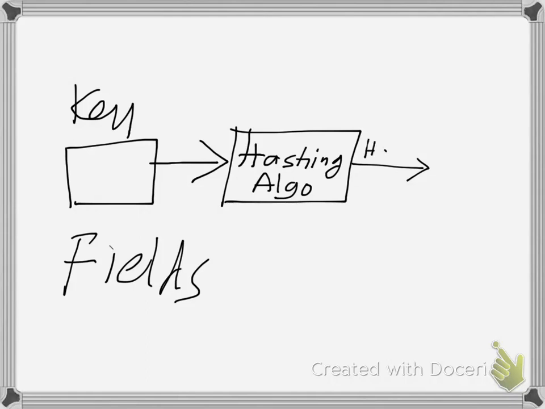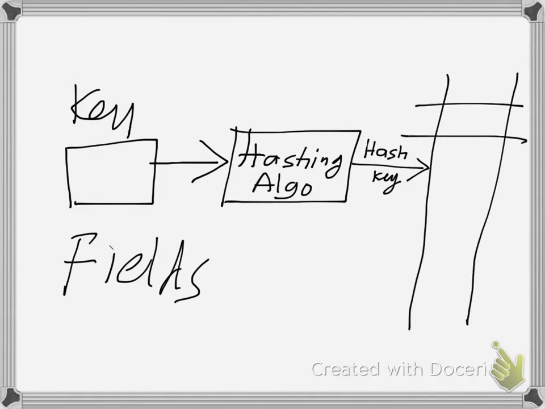What do we call it? Hash key. Now, hash key is basically an address in a table which is already loaded in memory, and this is called hash table.